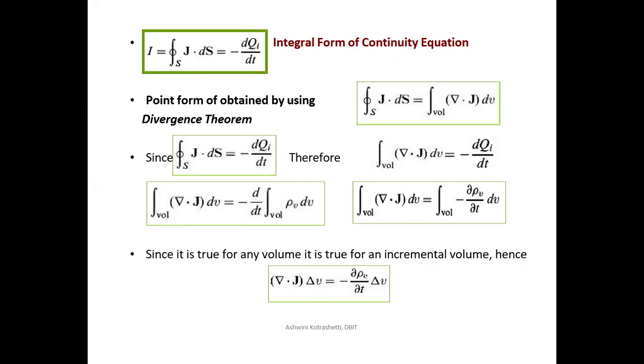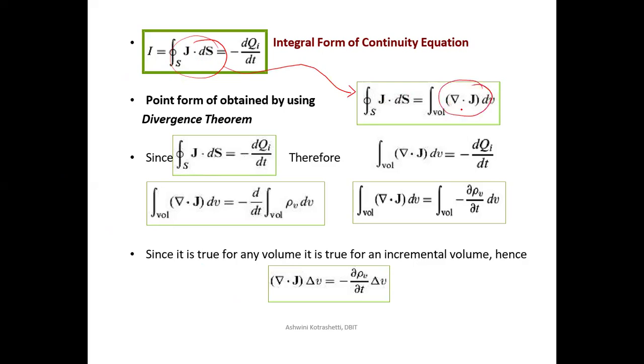On the left hand side, I have the closed surface integral. Okay, I hope everybody is understanding this. I have the closed surface integral over here. As you know from divergence theorem, we can also connect it to the point form in this way.